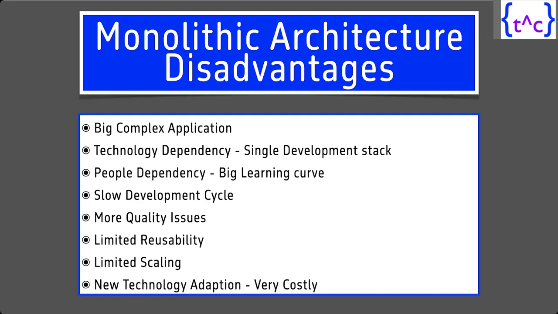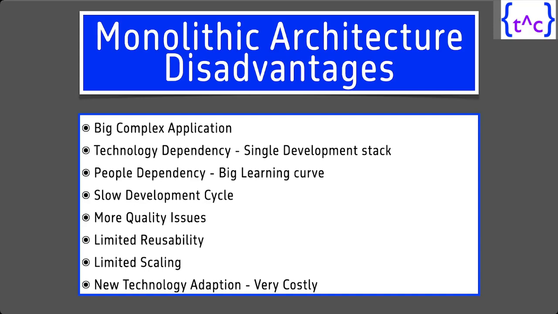All right. So now, because of such challenges, people started thinking about different architectural patterns which will minimize these challenges. I will not say that new architectural patterns are going to zero down these things.